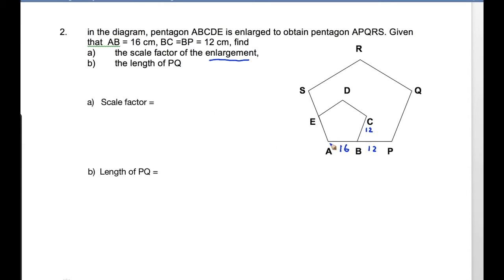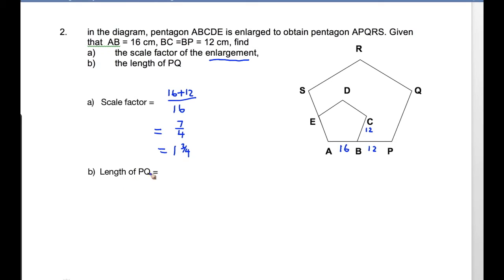Therefore, we need to take the longer corresponding length over the shorter one, which is 16 plus 12 over 16. Simplifying it, we have 7 over 4, which is 1 3/4. That is more than 1.